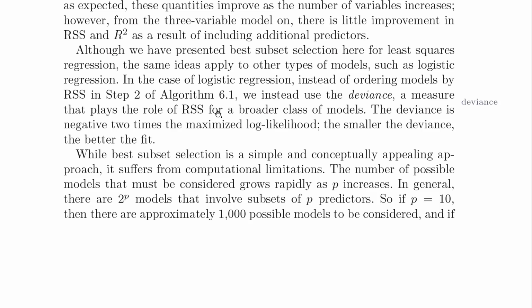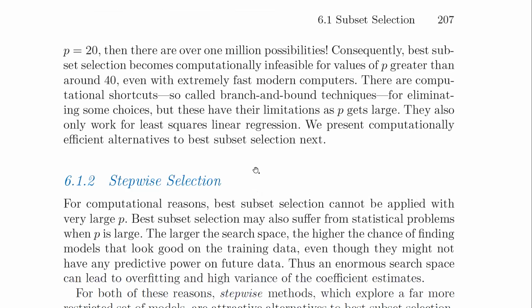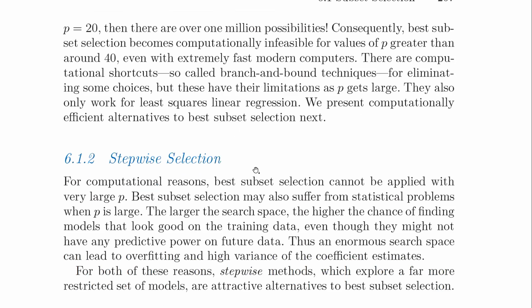So if p equals 10, then there are approximately 1,000 possible models to be considered. And if p equals 20, which is not a lot, is it? Then there are over 1 million possibilities. 2 to the power of 20 is going to be more than 1 million.